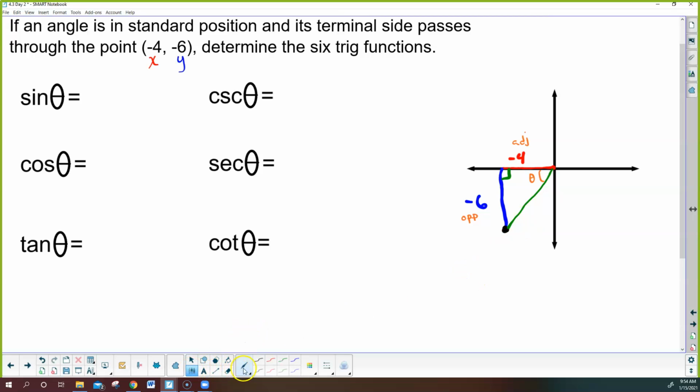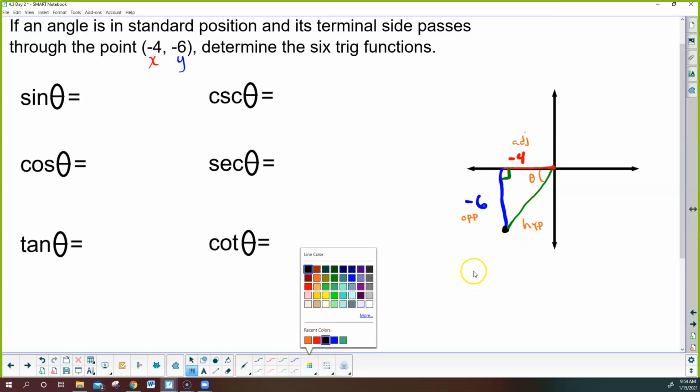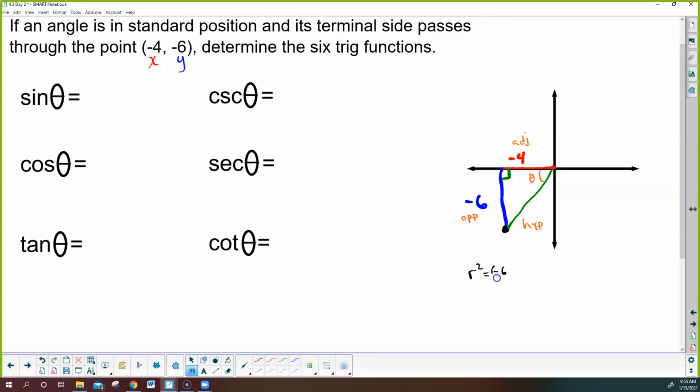So if I call this side the hypotenuse, I'm going to make reference to it as r. Well, if I take -6 and square it, and -4 and square it, that's the Pythagorean theorem.